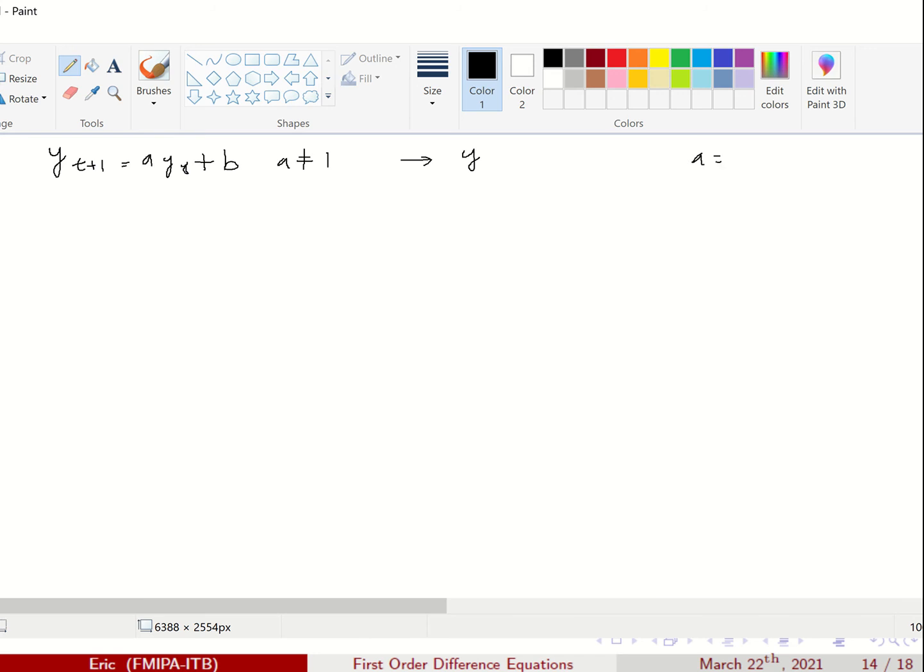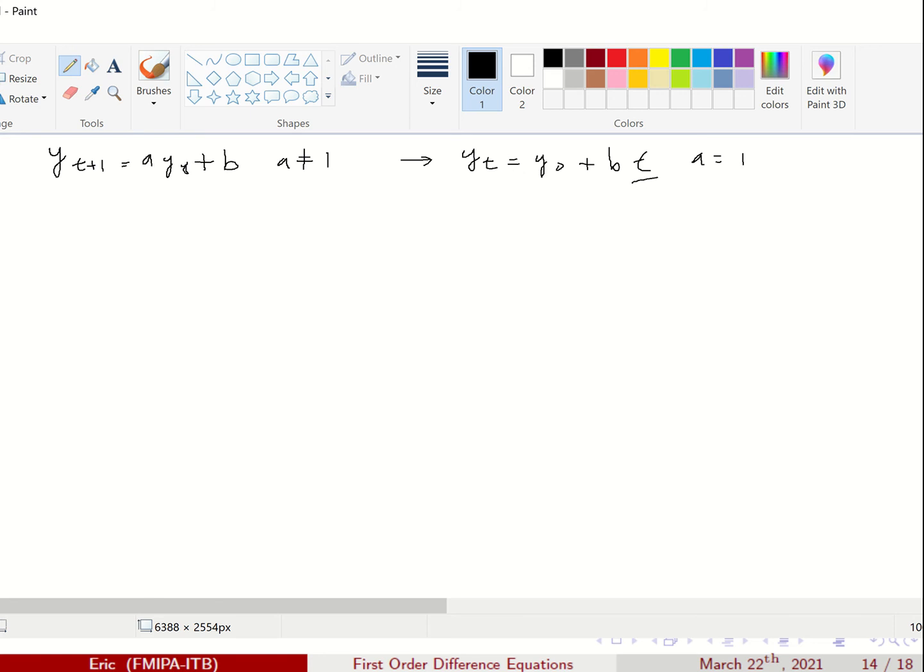If a is 1, you have yt equals y0 plus b times t, isn't it? So can you have a steady state solution, a solution that's still the same, that doesn't change with time? Don't forget t is time.